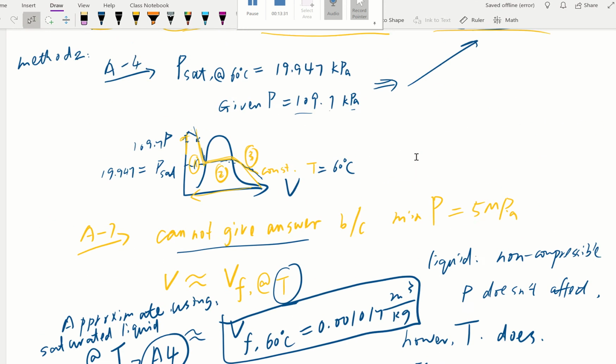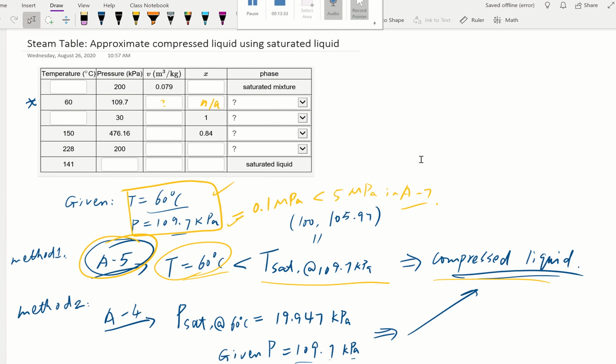All right, so that concludes what to do when you identify a compressed liquid and you want to use saturated liquid to approximate, if the pressure given is less than 5 megapascal. In this video, you also learned that when the temperature and pressure are both given, you can use either the A4 or A5 table, but intuitively, I like to use the pressure table for everything.